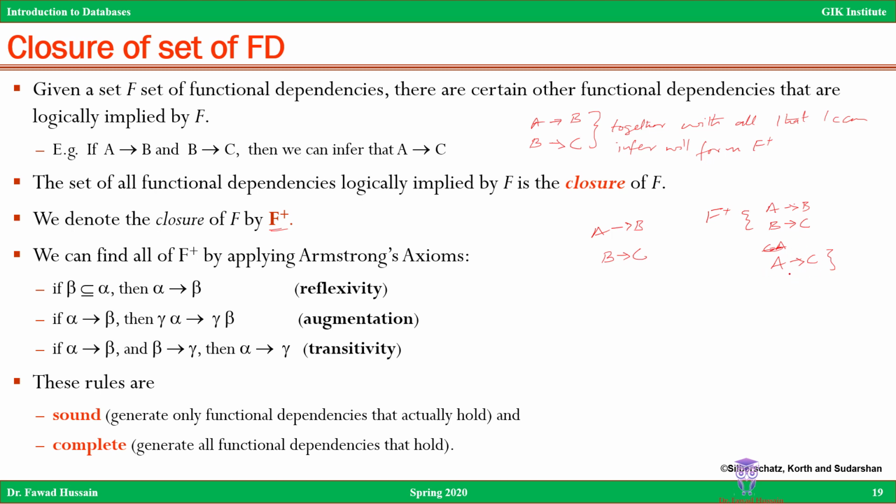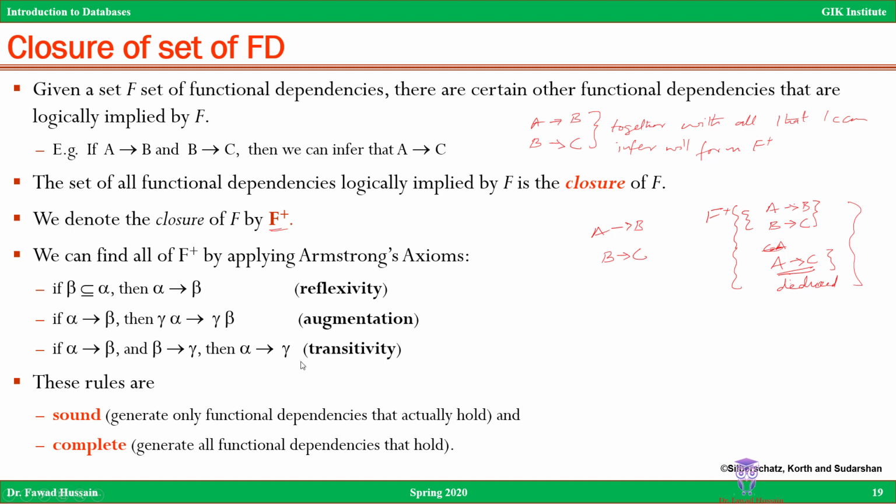This is the closure, and if there is anything else possible, that will also be included. This was given, this was given, and this was deduced, and the combination of the given and the deduced together will form the F plus. So I need to put a bigger bracket over here.